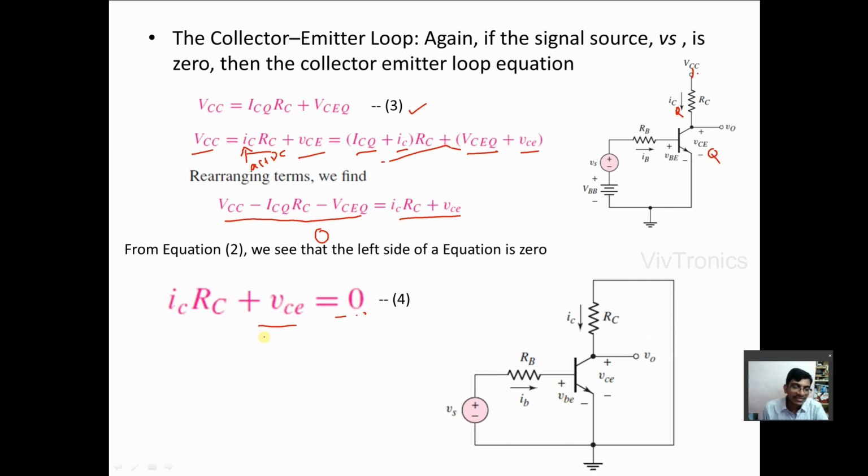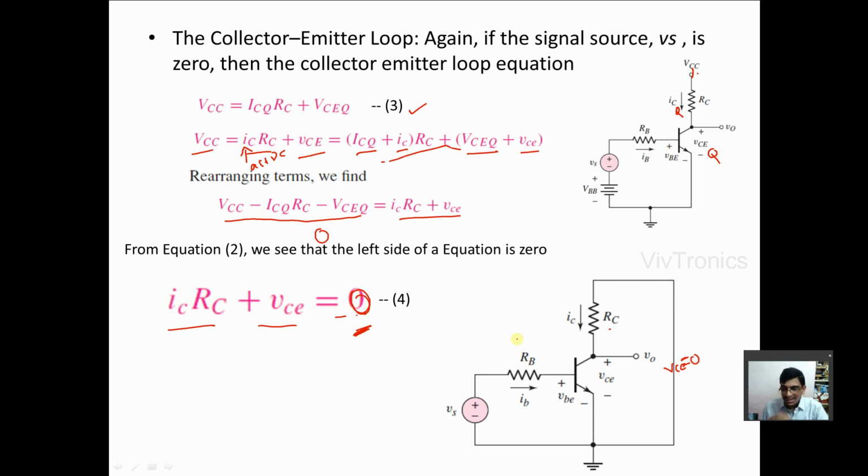From equation number 4, we don't have any voltage source at the output side loop. Therefore, 0 is equal to ic RC plus vce. The VCC DC source is connected to ground, which is 0, so VCC is equal to 0, and the output loop equation is ic RC plus vce.